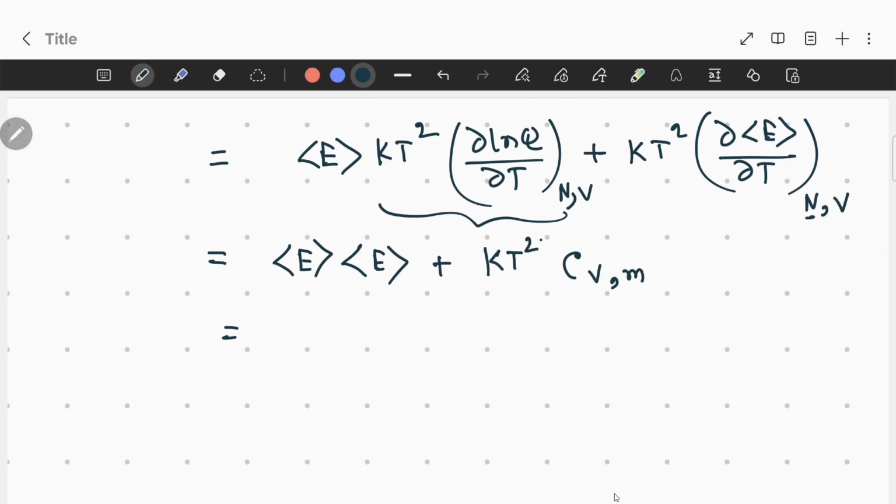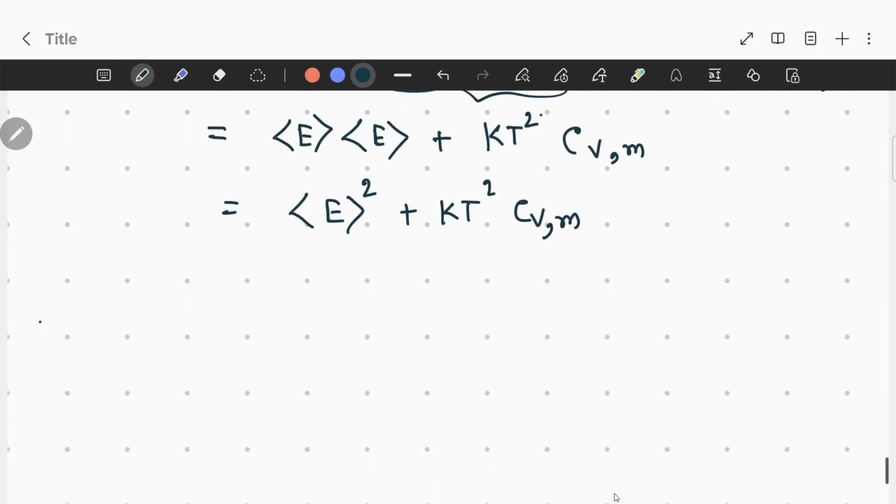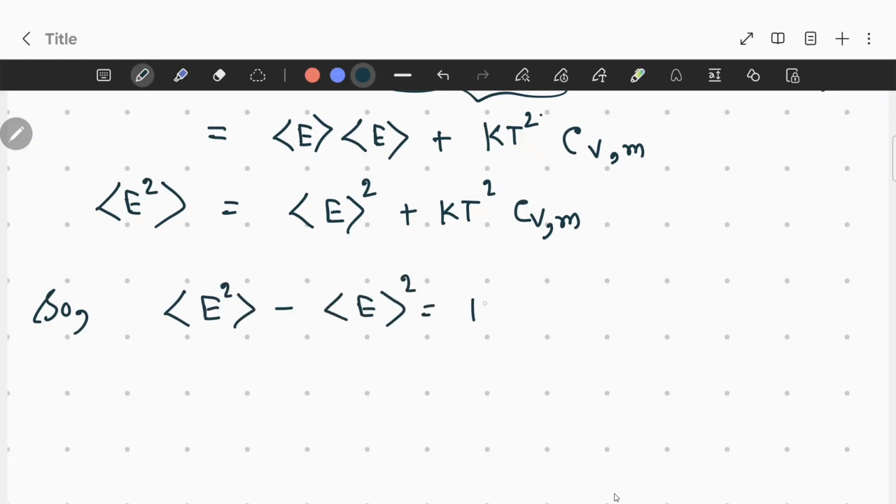N is constant now. So it is E average square plus kT square Cv. So it was our E square average. So it's clear that E square average minus E average square is kT square Cv. Correct?